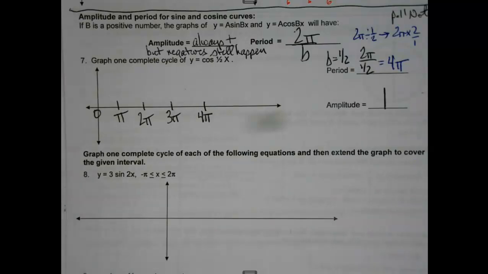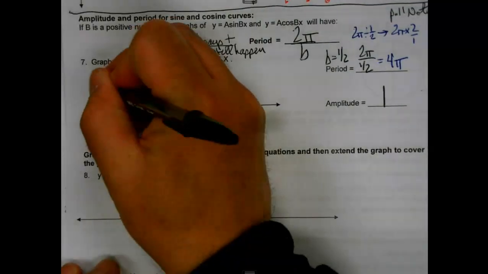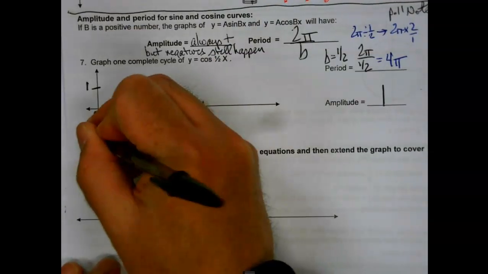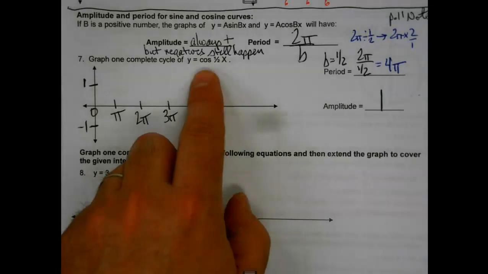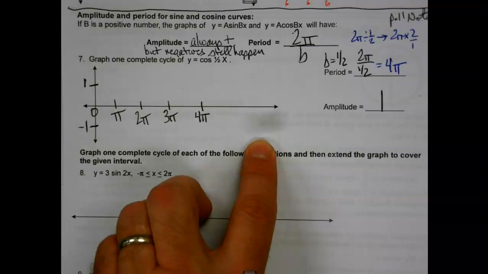So now the only thing left, since my amplitude is 1, we know we'll go as high as +1 and as low as -1. And the only thing I have to remember now is which pattern is it again? Oh yeah, cosine, we start on the cliff and we dive in.